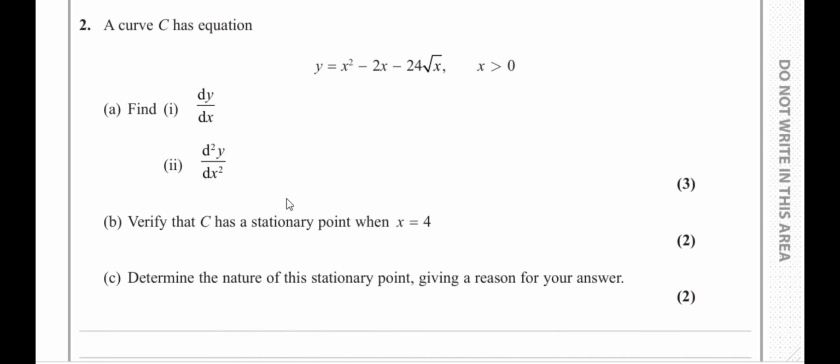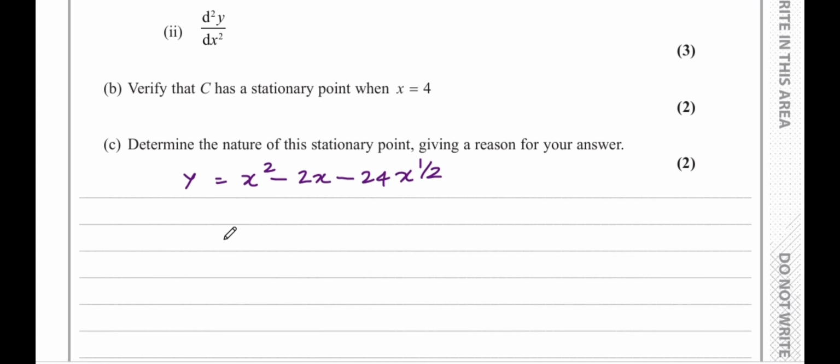So in order to start differentiating it, it will be better if we write it as y is equal to x square minus 2x minus 24 x to the power of half. Okay, now differentiating this, we get dy by dx is equal to 2x minus 2 minus 24 times half is 12, x to the power of half minus 1 is minus half.